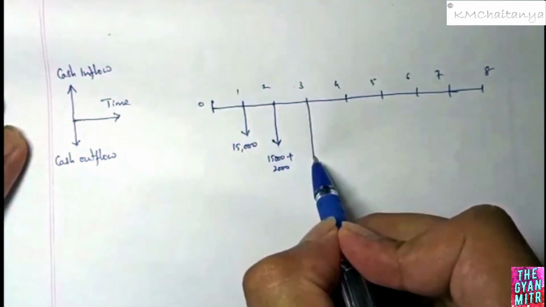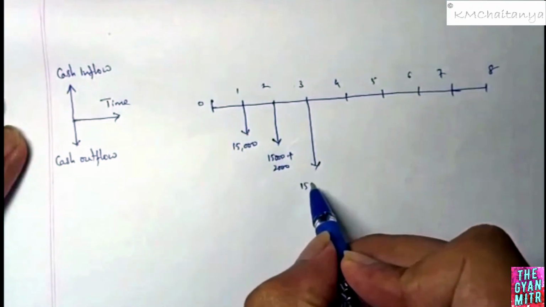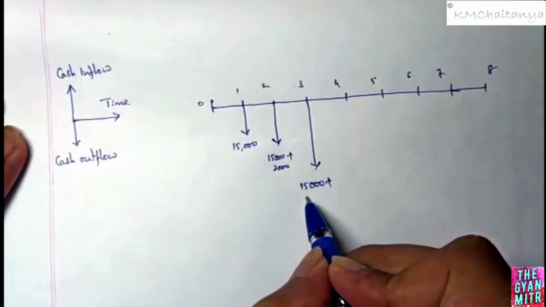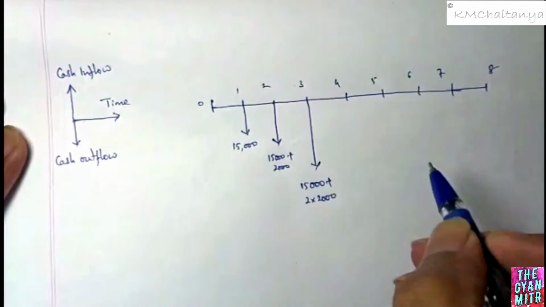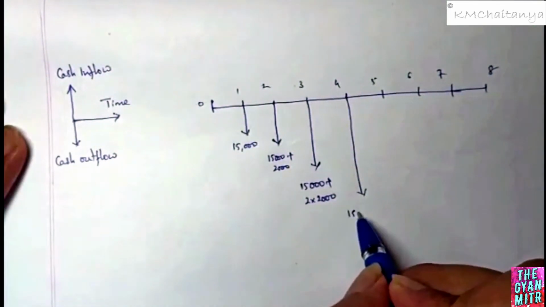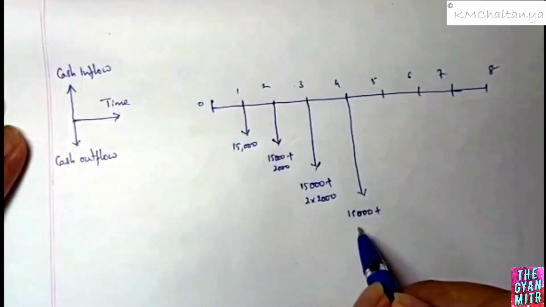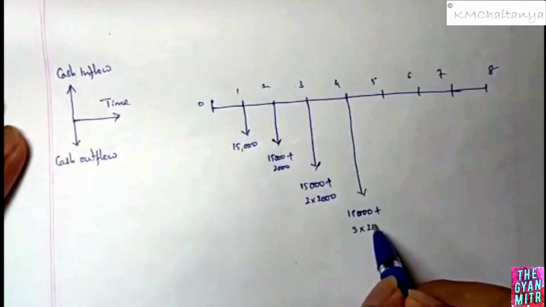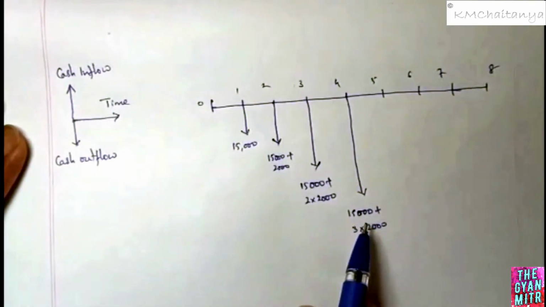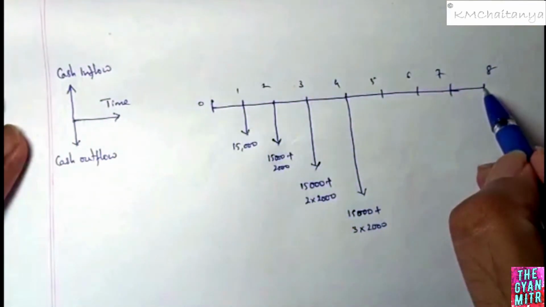Next, for the third year it will be 15,000 plus 2 times 2000. Next, for the fourth year it will be 15,000 plus 3 times 2000. So first annual increment, second annual increment, third annual increment, and it goes on.